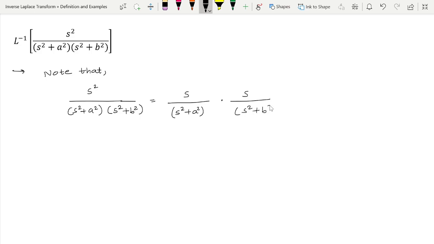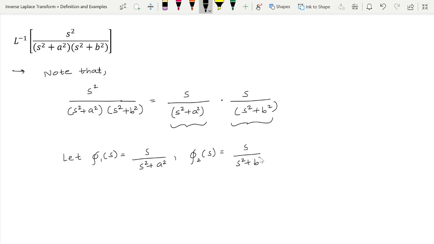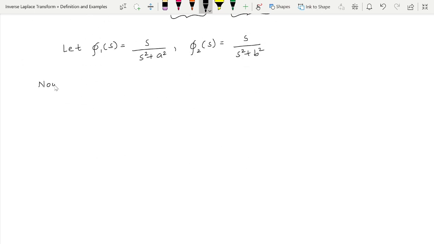s upon s square plus b square. So we will call it phi 1 of s, and we will call it phi 2 of s. So I'll say let phi 1 of s be equal to this, s upon s square plus a square, and phi 2 of s is equal to s upon s square plus b square. Now what is L inverse of phi 1 of s?